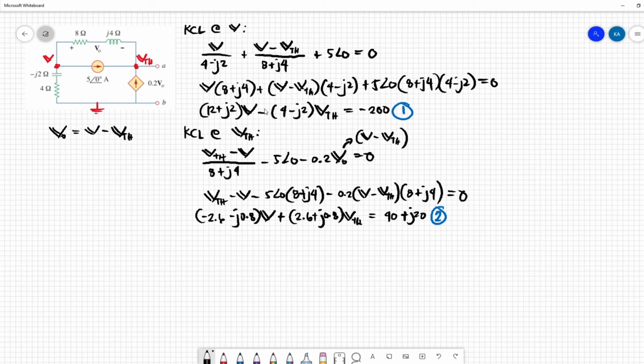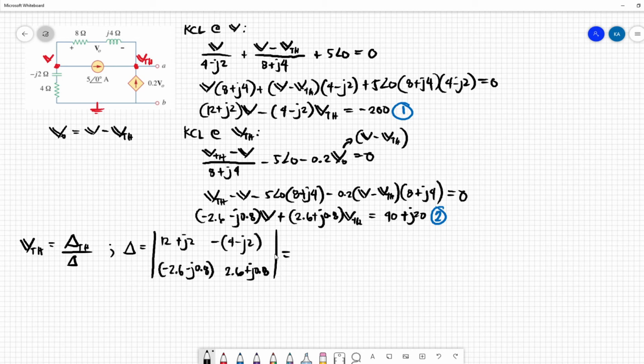So two equations, two unknowns. We can now solve for the value of VTH. VTH is equivalent to delta TH over delta, where our delta is the determinant, equivalent to 17.6 plus j16.8.